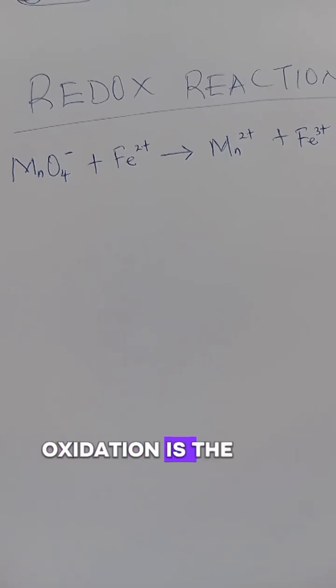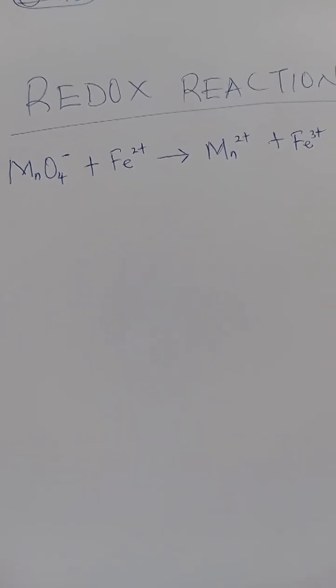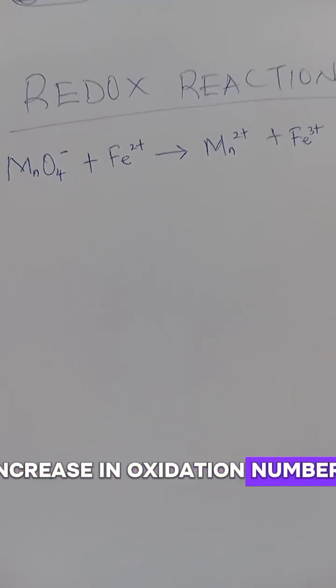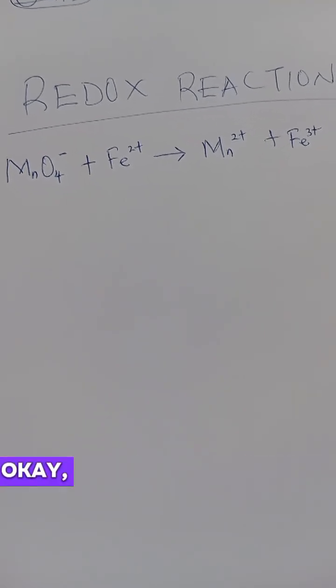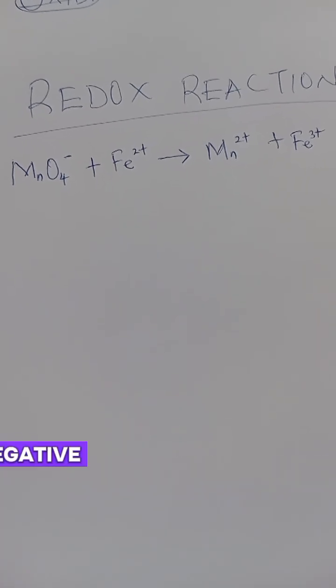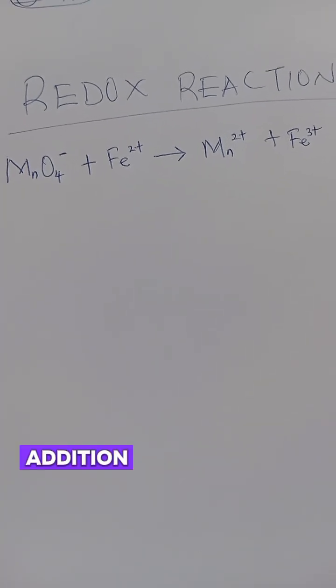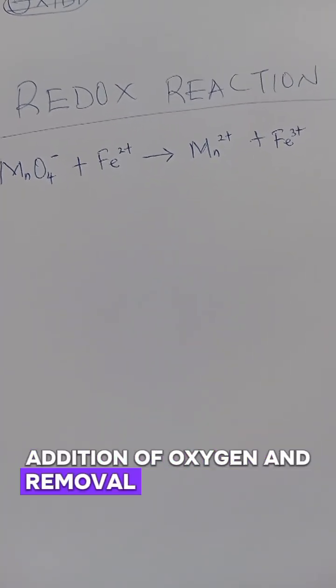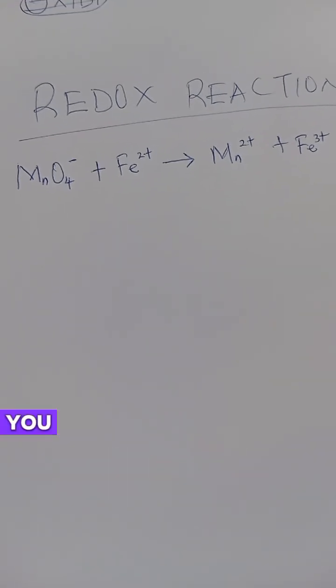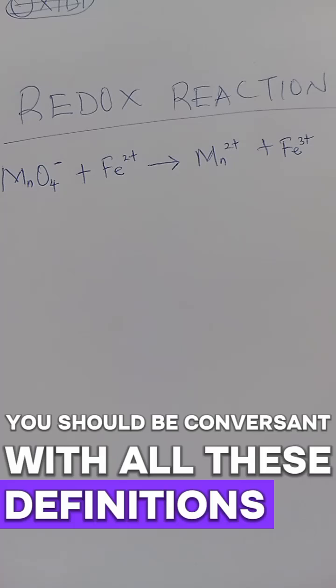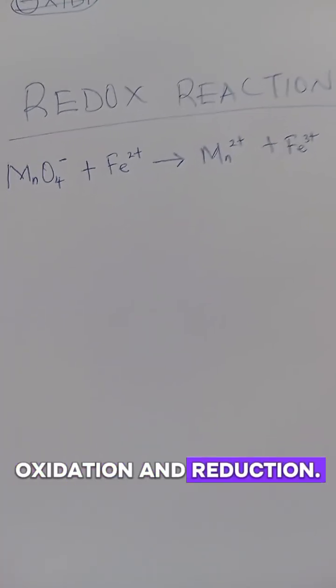Oxidation is the loss of electron, increase in oxidation number, addition of electronegative elements and removal of electropositive elements, addition of oxygen and removal of hydrogen. So you should be conversant with all these definitions of oxidation and reduction.